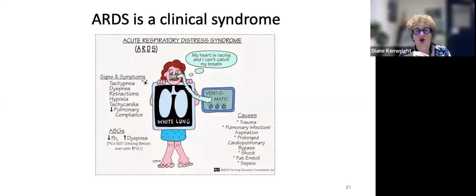So the body's response is to have a high heart rate, fast breathing, retractions with the fast breathing, and also they have low oxygen in the blood despite having high oxygen and pressure in their ventilation. The patient does not get better even with high oxygen. We will understand this when we see the histology.